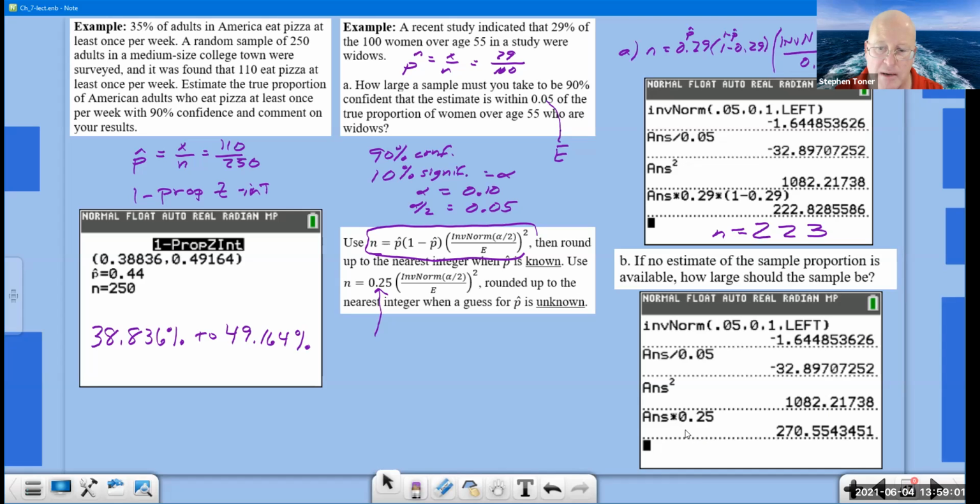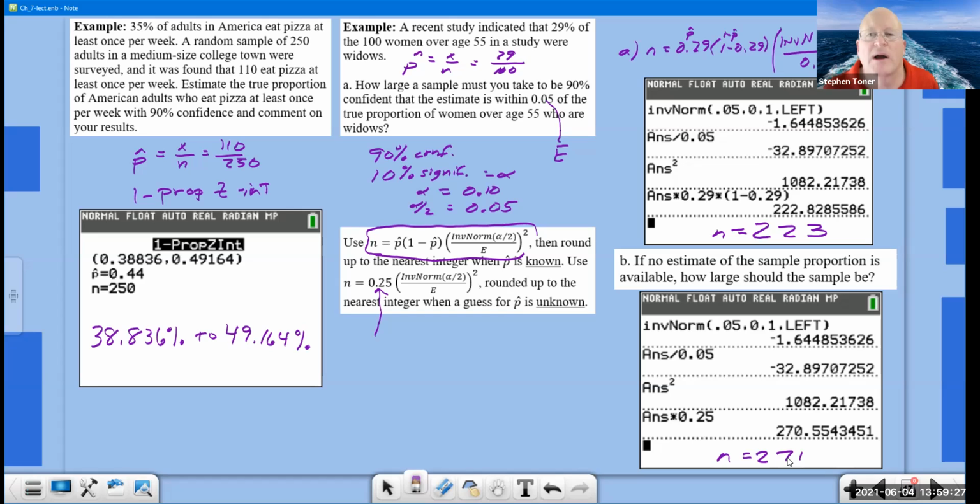Instead of multiplying by p-hat and 1 minus p-hat, we are multiplying by 0.25. So this time, the sample size is going to be n equals 271. In other words, we're going to have to sample another 48 people just because we didn't have an initial estimate for what the proportion would be.